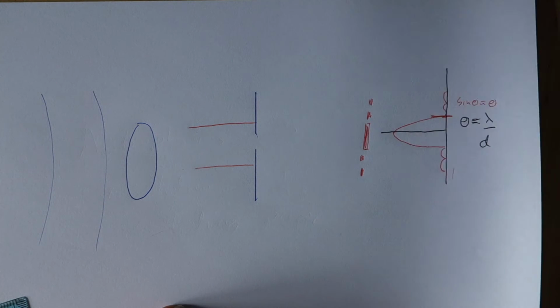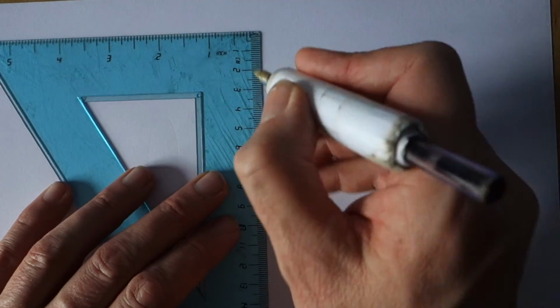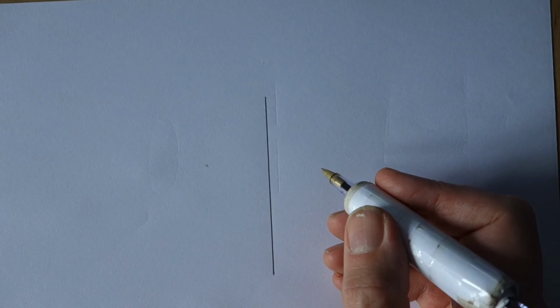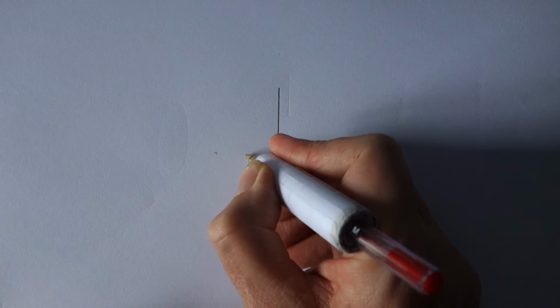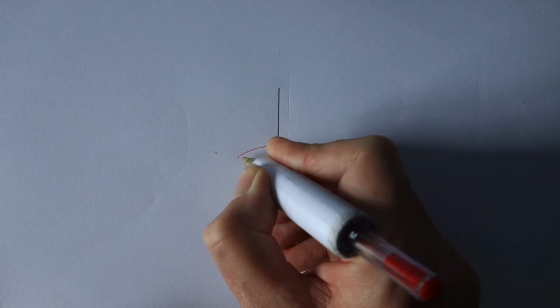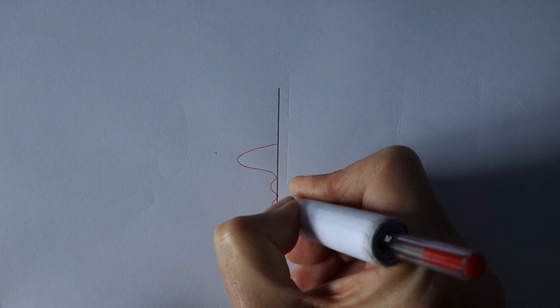So now we can have a go at applying that to a telescope. And the only real difference in the diagram here is we're going to have to imagine that there are two objects that we're looking at, and we start off by drawing that graph for one star. So we've got our broad central maxima and we've got our side fringes.